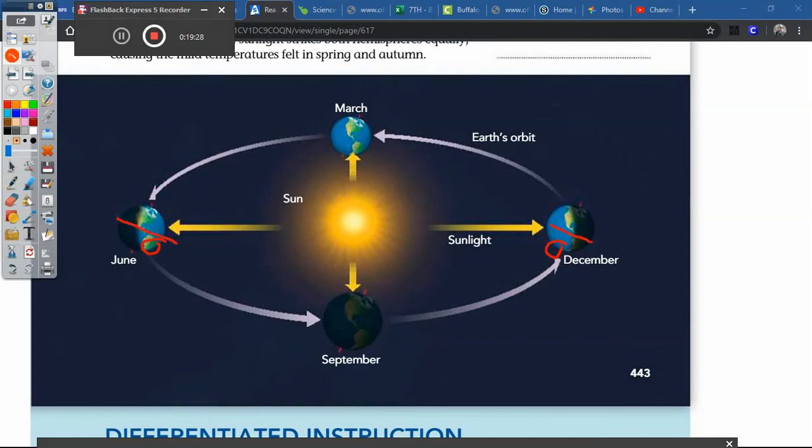If I'm in the north, then right here would be summer solstice, and over here would be winter solstice. Over here in the south would be summer solstice, and over here would be winter solstice. So they're opposites.